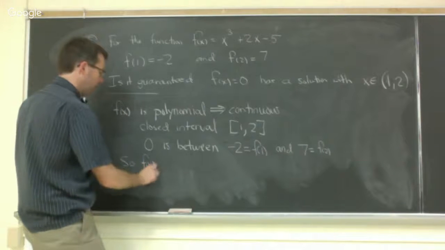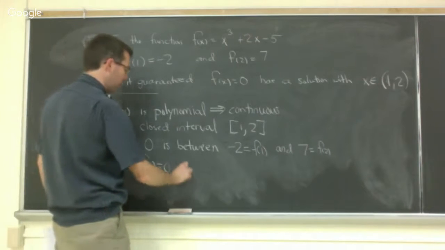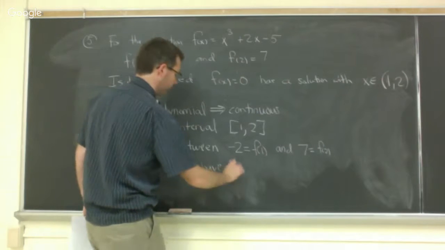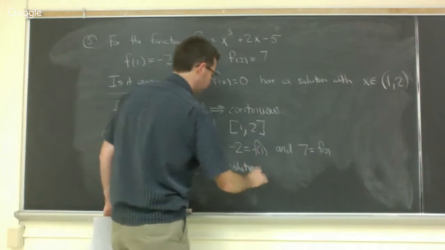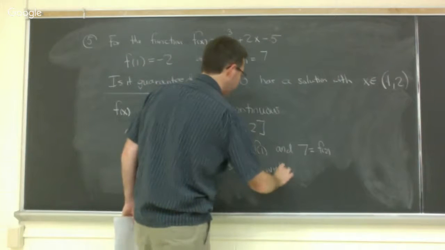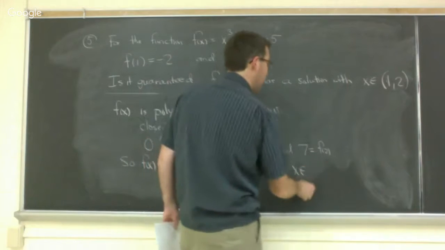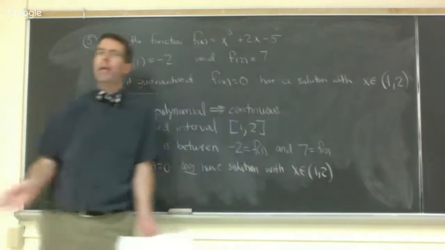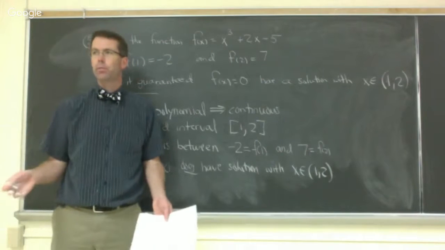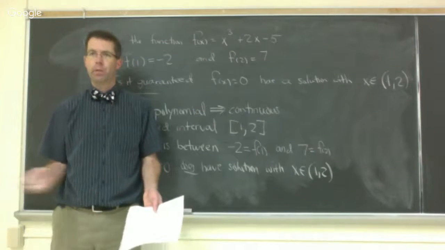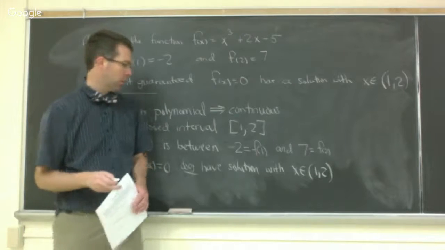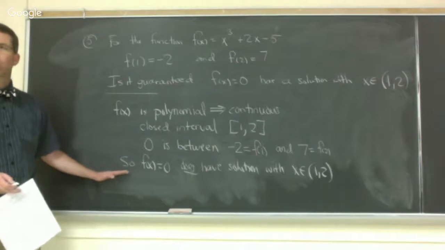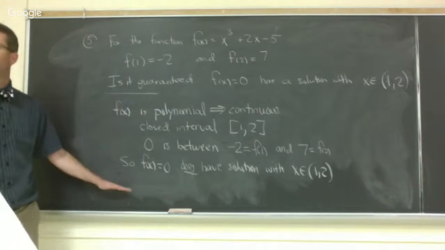So f of x equals 0 does have a solution where x is in the open interval, because it has to be between 1 and 2. It's not on the edges. It's a point between 1 and 2. Okay, and so we have a solution. Now, that's all I'm looking for, this much.